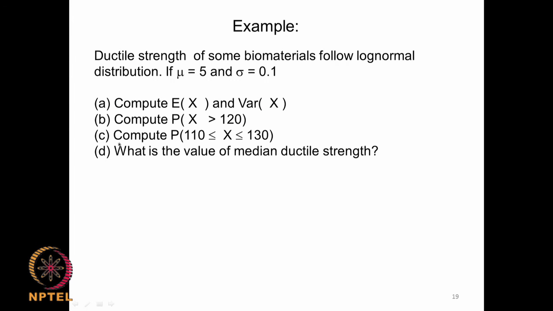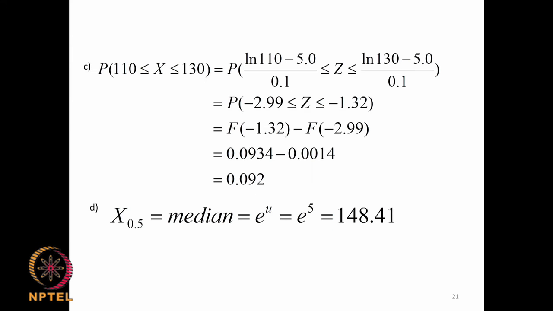Now, how do we do this part? Compute the probability for x lying between 110 and 130. This is just like our z calculation, you remember we did that long time back. The only thing is instead of x we use the logarithm of x. So we take the logarithm of 110, the logarithm of 130, mu is 5, sigma is 0.1. When we calculate this it comes out to be 2.99 and 1.32.